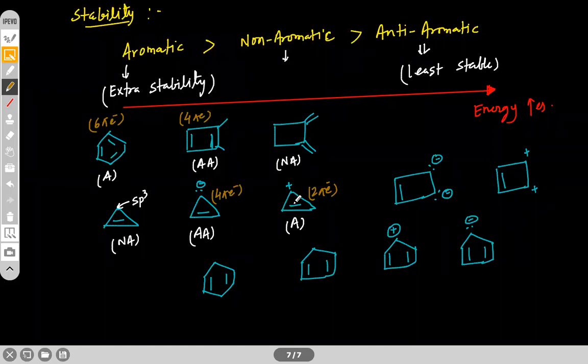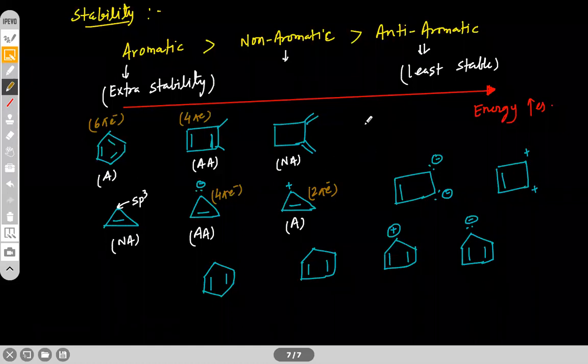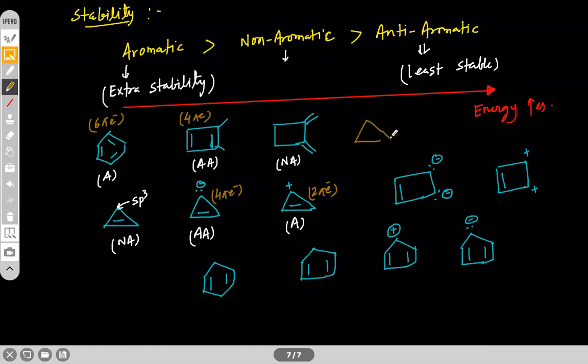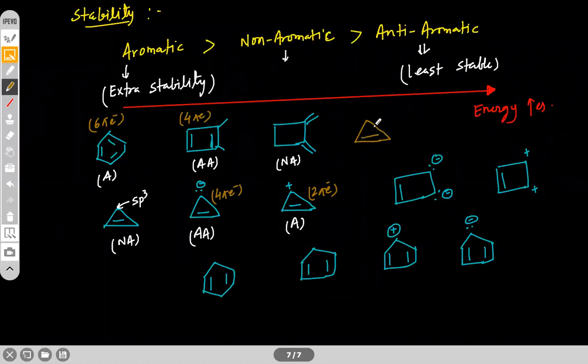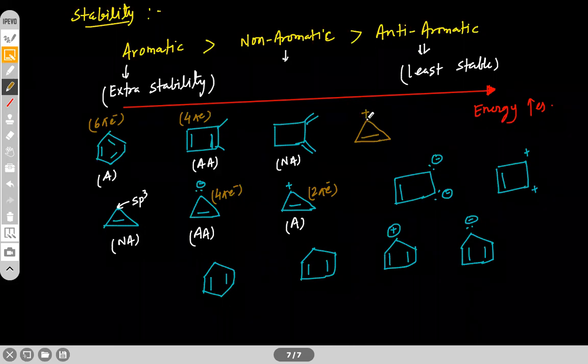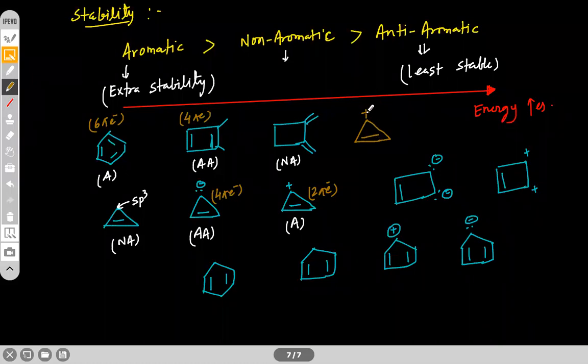This one, now. You see, it is a 3-membered ring, so it is cyclic. The first condition is fine. One pi bond and one positive charge. This carbon is sp2 hybridized, so planar. With the pi bond and positive charge, it is conjugated also. If you count the number of pi electrons, we have only 2 pi electrons here. There is no electron pair here.